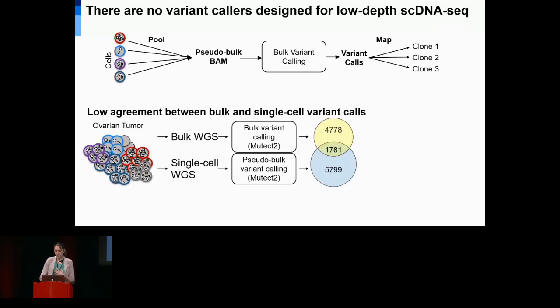But what we find when we do this is that there's often fairly low agreement between bulk and single cell variant calls. So this is an example of a real tumor that I'll be using throughout this talk, where we have matched bulk and single cell whole genome sequencing data of fairly comparable overall coverage. And we ran both of these modalities through Mutect2, a bulk variant calling method.